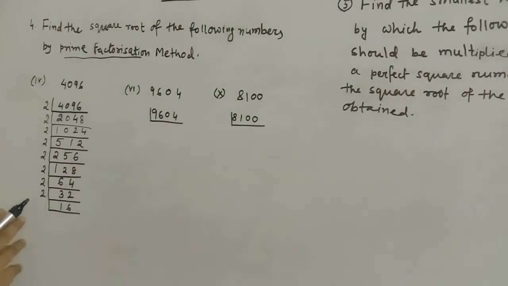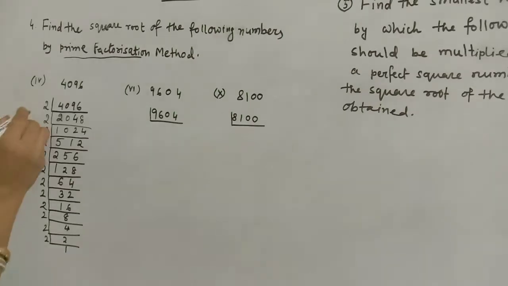In this way, you will divide all these numbers as all are coming even. So you divide continuously by 2, then 16, 2 8s are 16, 2 4s are 8, 2 2s are 4, 2, 1. Now, how many pairs can you see? You can see this is one pair, this is another one.